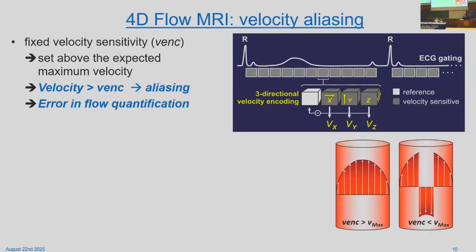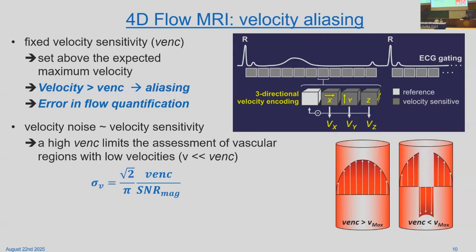So this means, however, that you cannot just go arbitrarily high with your Venc setting. Unfortunately, the Venc scales with noise. So the higher your Venc setting, the higher your noise. This means you actually have to really look and find out what your expected velocity would be.